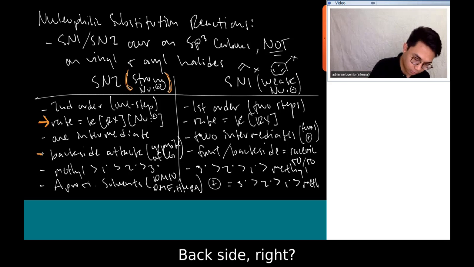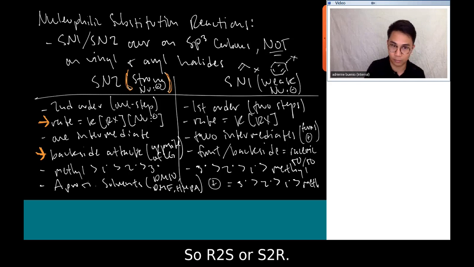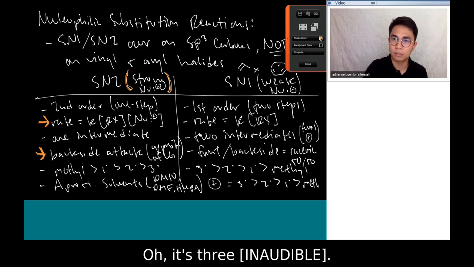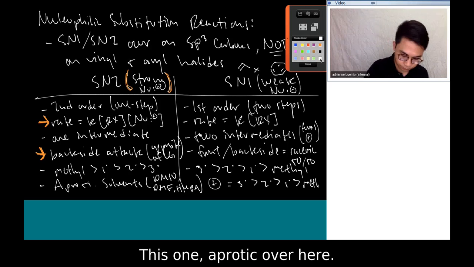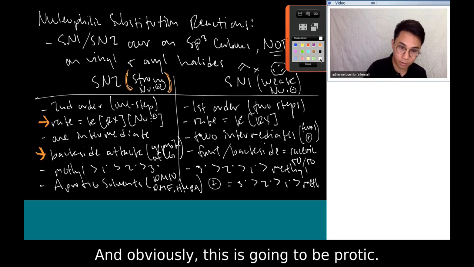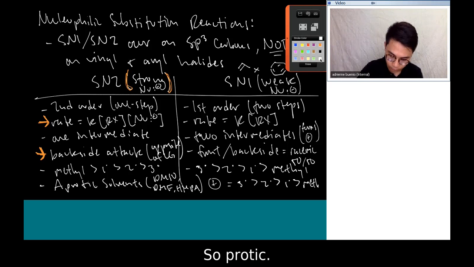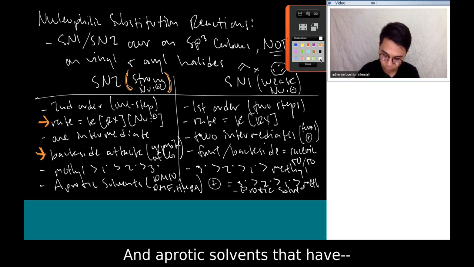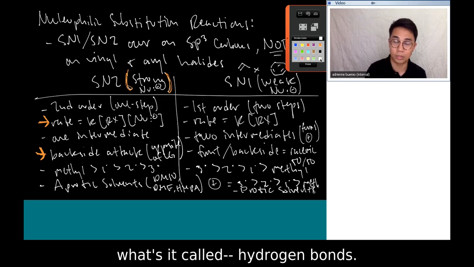Backside, so it's going to flip it, R to S or S to R. Oh, I just realized this one is aprotic over here, and obviously this one is going to be protic, right? Any protic solvents that have hydrogen bonds.